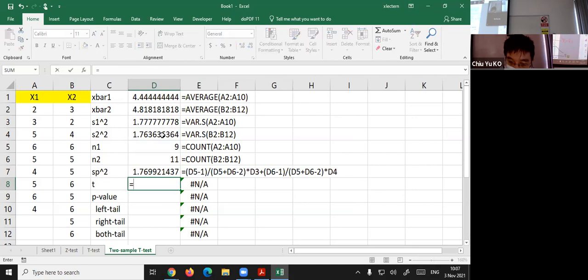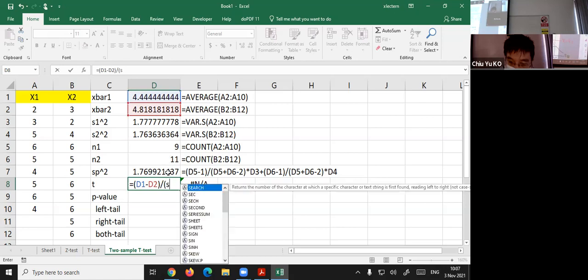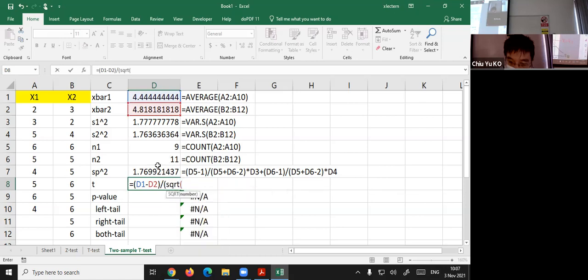Okay, t will be just x1 bar minus x2 bar divided by the square root of this multiplied by 1 over n1 plus 1 over n2. The difficult part is to make sure that you get the brackets correct, because the formula is like this.